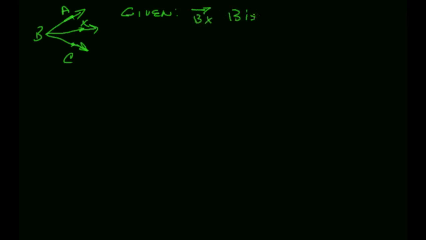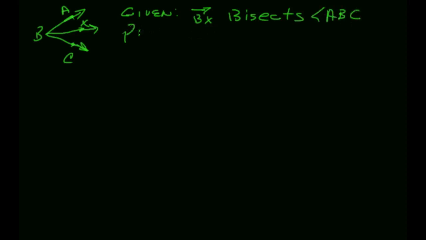All right, so I'm going to start off the same way. I'm going to start off with a picture. A, B, C. That one's kind of bad. Let's fix that a little bit. There we go. X, and we are given that ray BX bisects angle ABC.